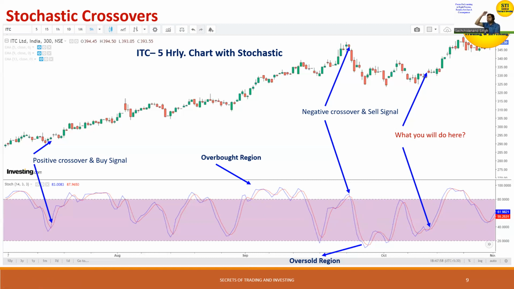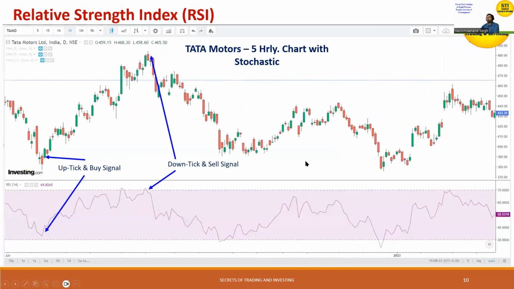Overbought means that for a comparatively longer time the stock price or this indicator value is moving above 80. Similarly, whenever it spends time in an area where the value is below 20, that region is known as the oversold region. So this was all about stochastic.